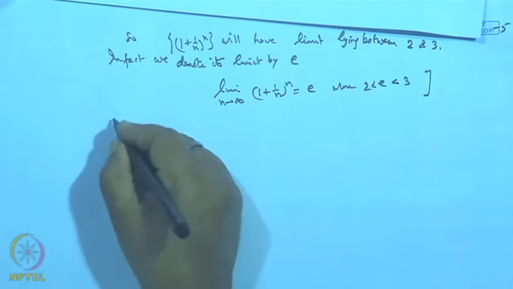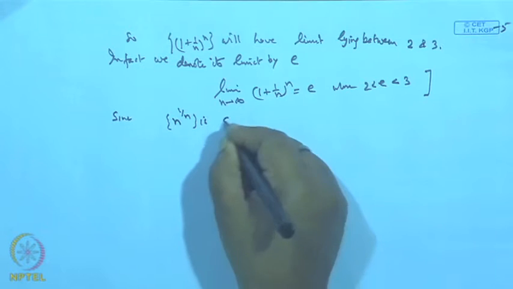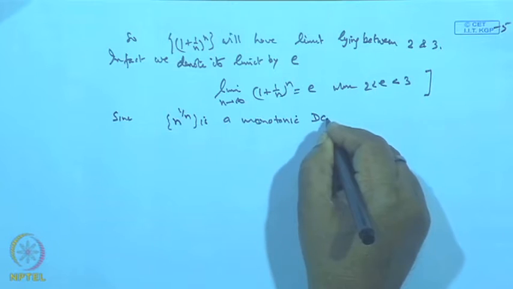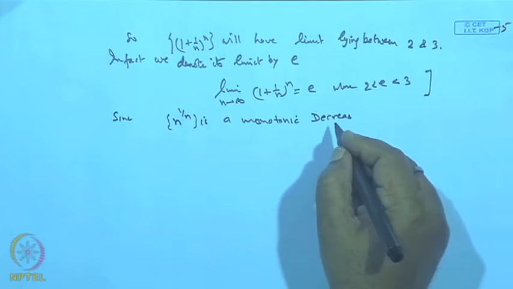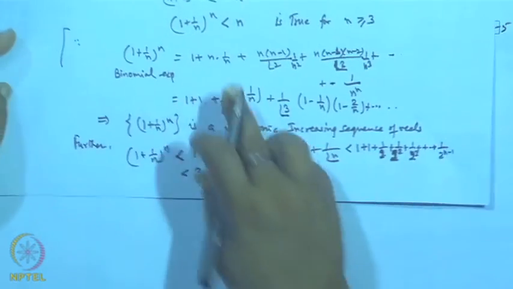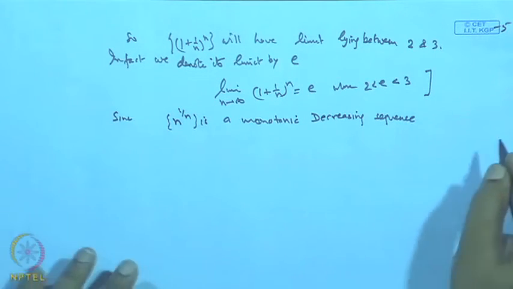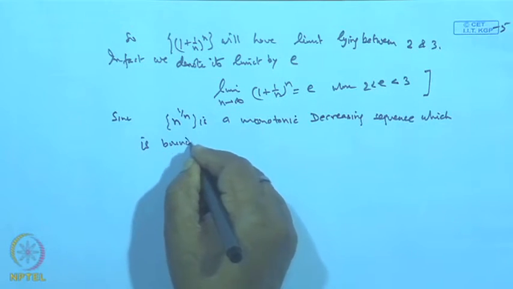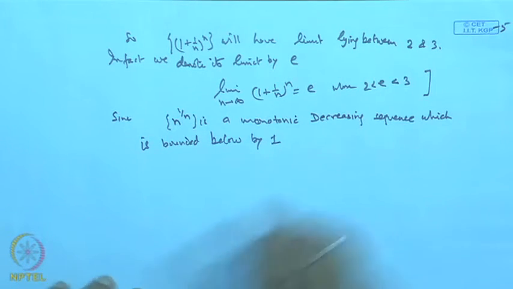So, since n to the power 1 by n is a monotonic decreasing sequence, which is bounded below by 1, is it not?